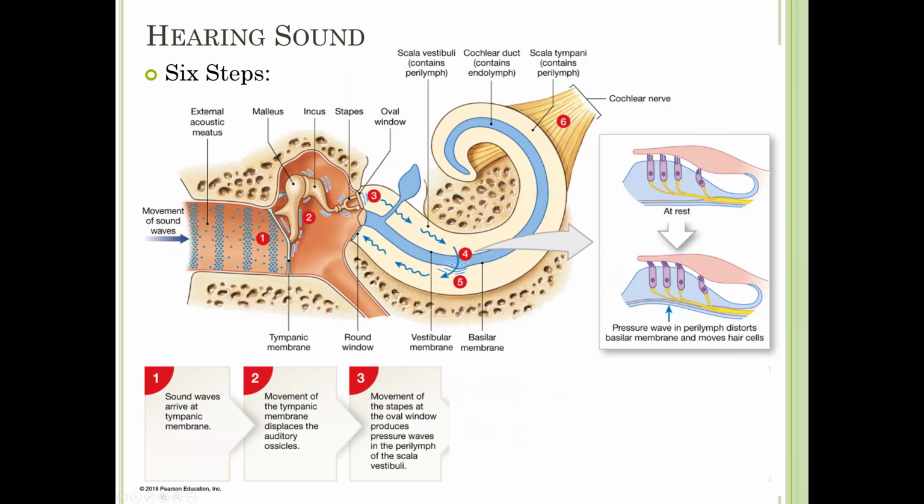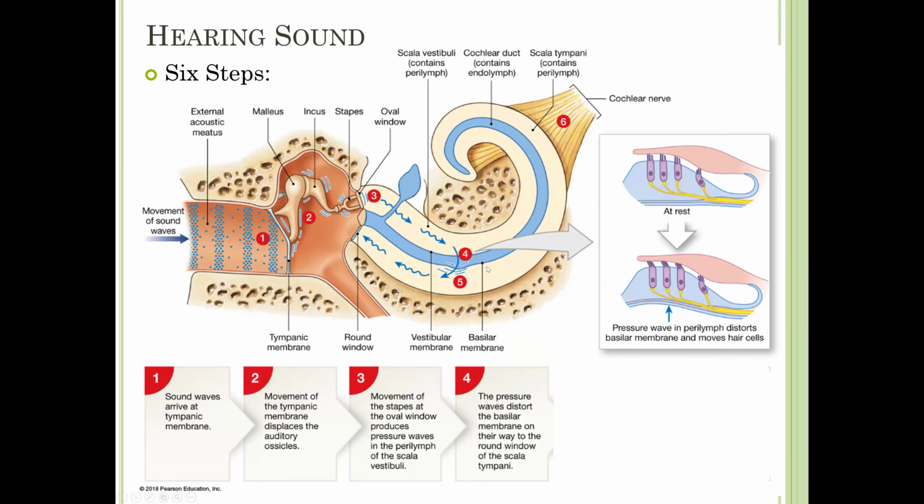Step 3, movement of the stapes up against the oval window is going to produce fluid pressure waves in the perilymph of the scala vestibuli. And again, remember, it can do that because it's also going to bulge out at the round window. So the stapes is pushing in at the oval window and starting these pressure waves.